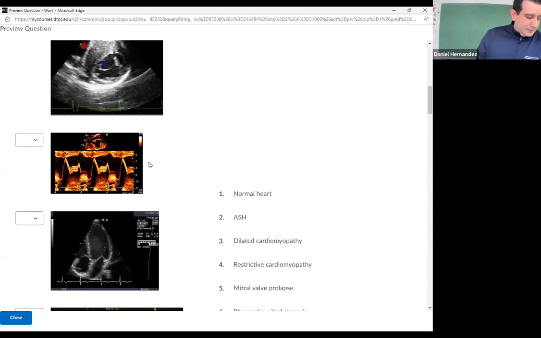What's a condition, or what patients are more susceptible for mitral valve prolapse? Which patient population? Guys remember? Or what's a group of people that we associate mitral valve prolapse with?